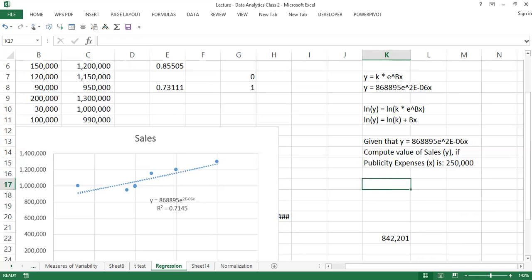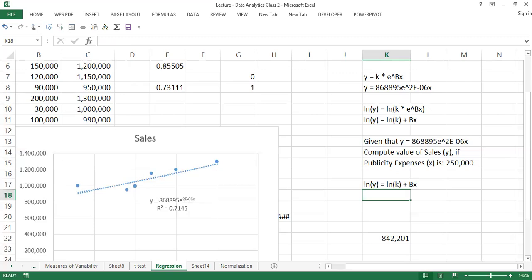Okay, so we know that natural log of y is equal to natural log of k plus bx, right? Yes, that's this equation.